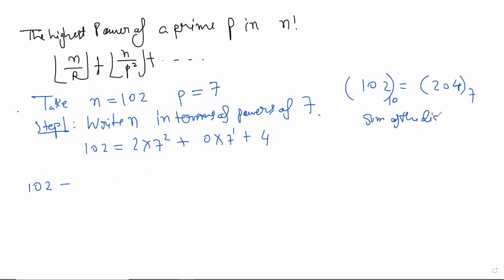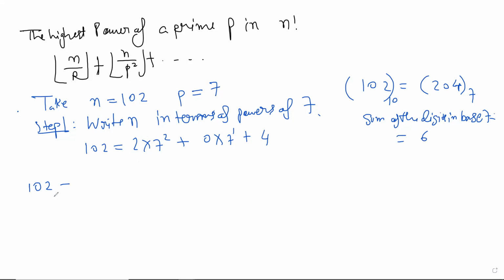Base 7 is just writing it in terms of powers of 7, and the coefficients become the digits. Just the number of times you need to take that weight. So the sum of the digits in base 7 is 6.